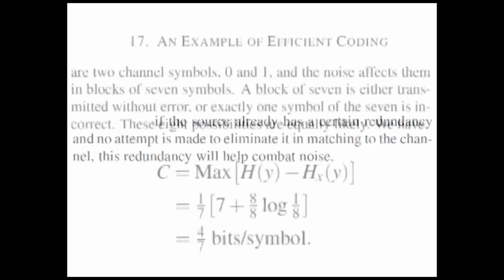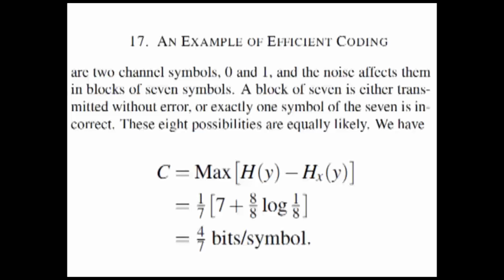All right, so then he says, here, let me give you an example of efficient coding. And this is the first channel with memory in the history of information theory. This is a channel that takes 7 bits, and then it's going to introduce one error, either 0 or 1 error.